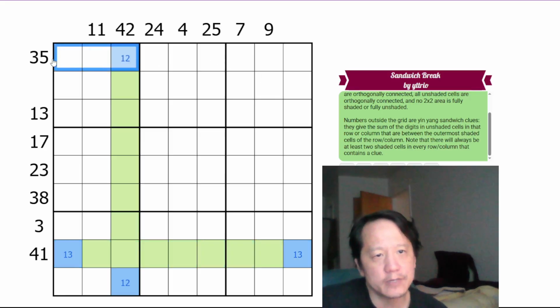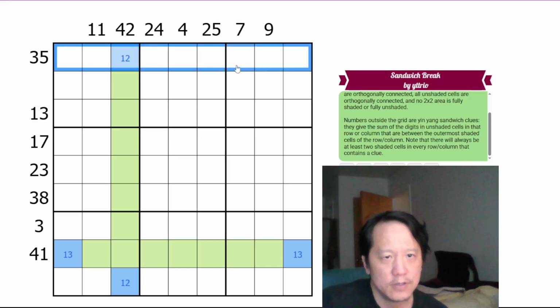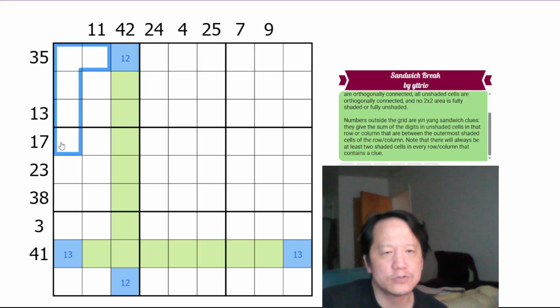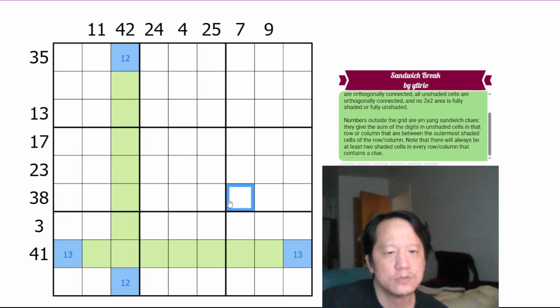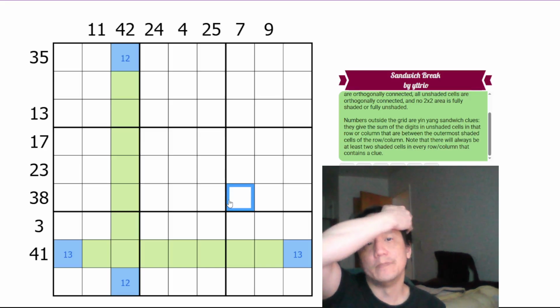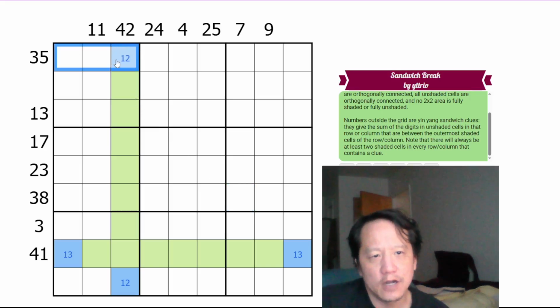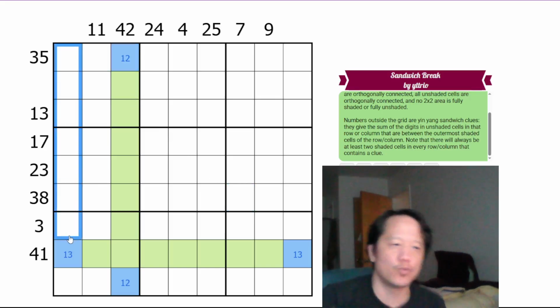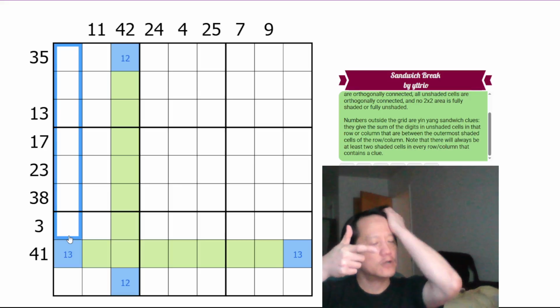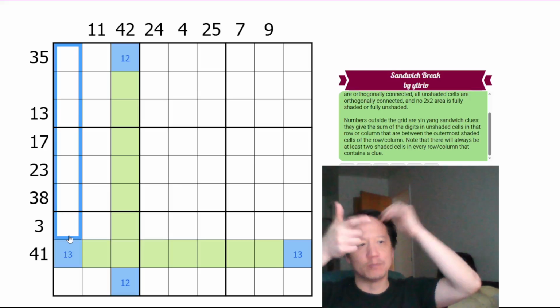Well, to add up to 35 here, the outermost... you can have 5 digits. And the thing about yin-yang shading is, once you swap shadings, you can only swap back one more time.